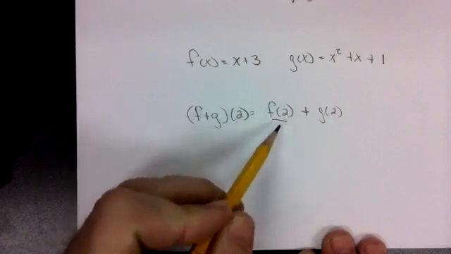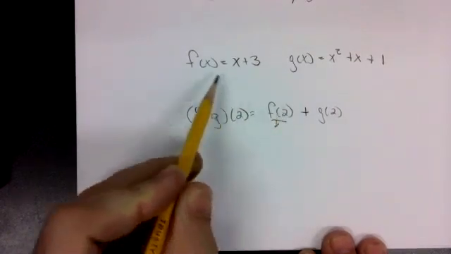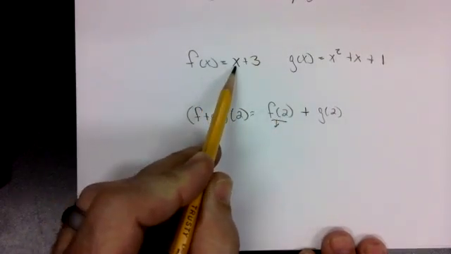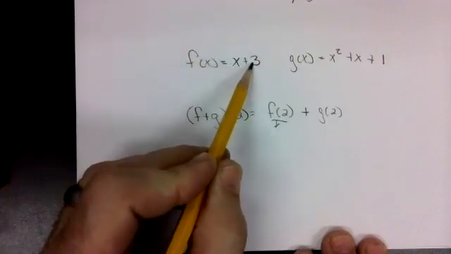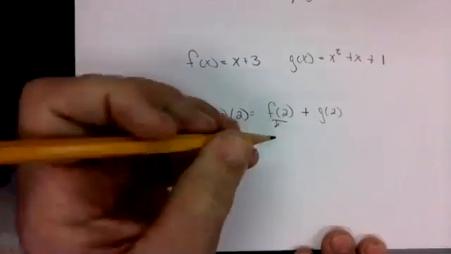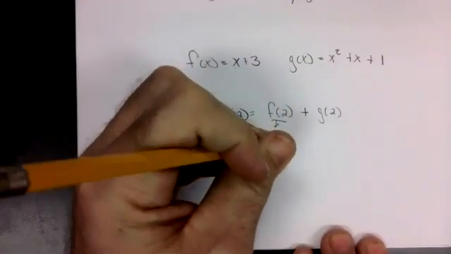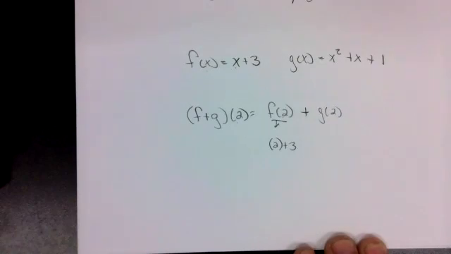So to find the f of 2, that means to plug 2 in for the x of the f function. So if f of x is x plus 3, f of 2 means to take 2 plus 3, or 5.